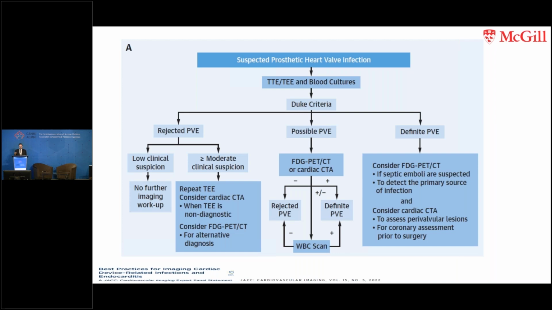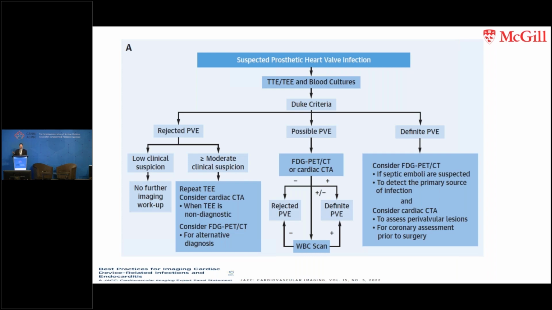So now in this flow chart, the recommended state-of-the-art management of prosthetic valve infections includes doing the Duke's criteria, classifying them as rejected prosthetic valve endocarditis, possible infective endocarditis, or definite IE.